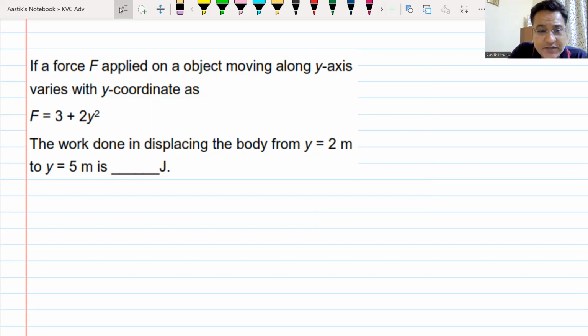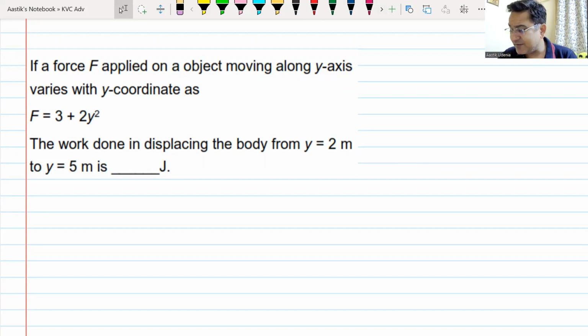Your answer must be correct to 2 places of decimals. Yes, what is the answer? 86.67.